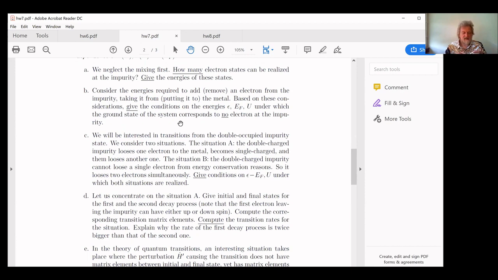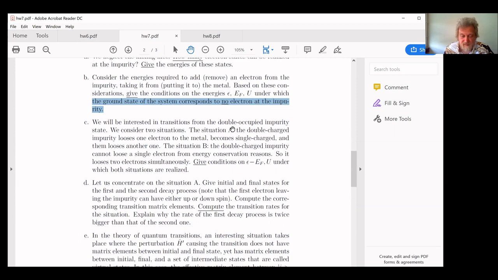And now the settings are different from problem 5. Eventually, we consider the situation when the ground state corresponds to no electron at the impurity state. Such things happen. So we need to figure out at which energies this happens.